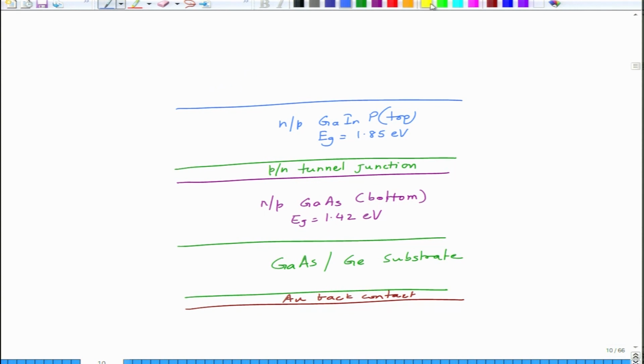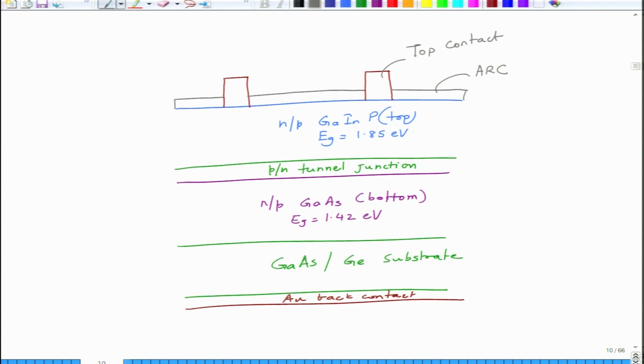So, we have these top electrodes, and we also have these anti-reflection coatings. So we put ARC and this is the top contact.